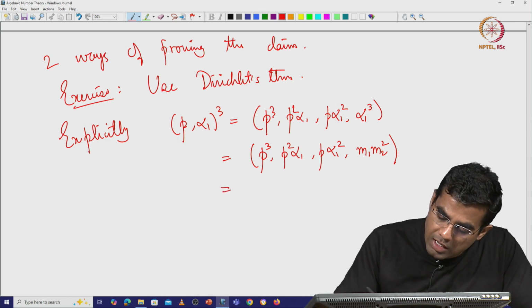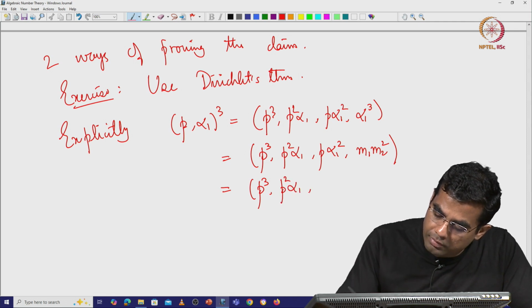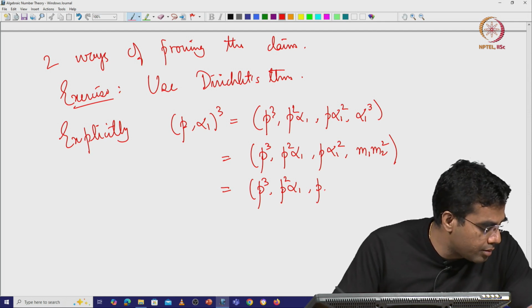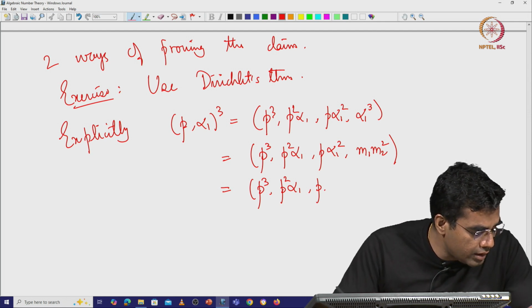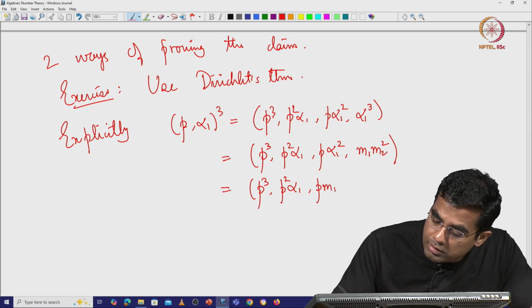What is alpha 1 squared? We computed this a little while earlier, and it turns out to be m1 times alpha 2.